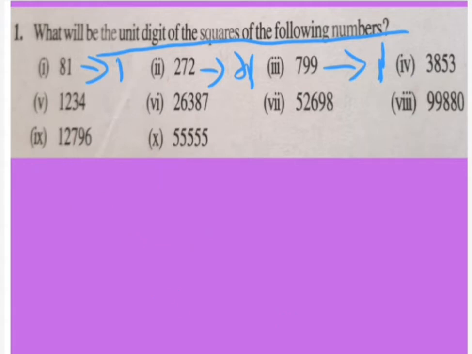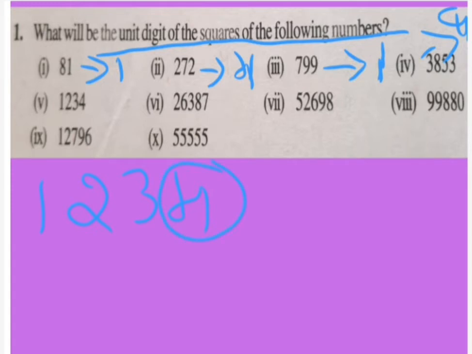Next question is 3853. Unit place of this number is 3. Square this 3. 3 square is equal to 9. So in the square of this number, we are going to get the number 9 in the unit place. Next, question number 5, 1234.